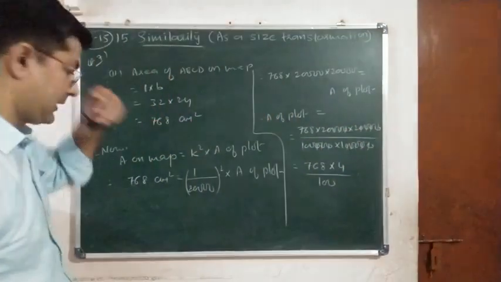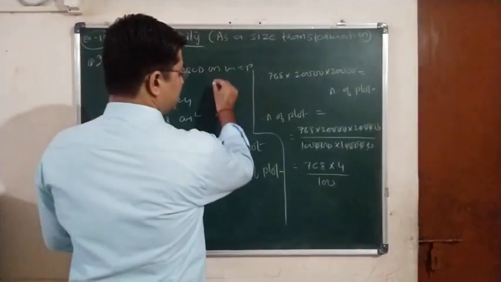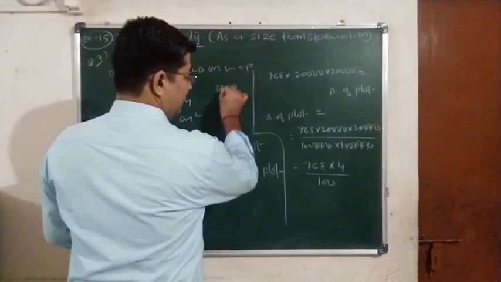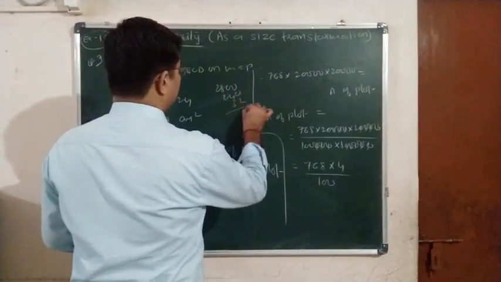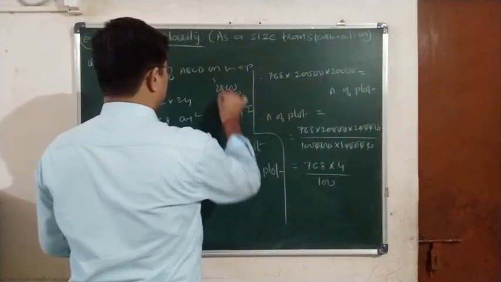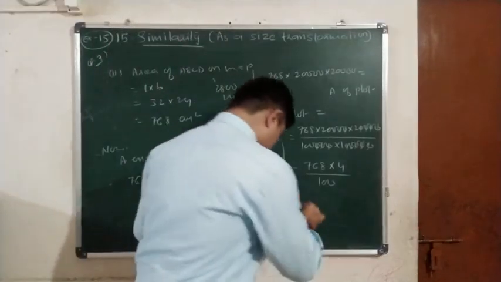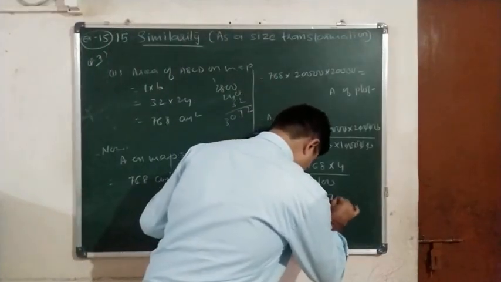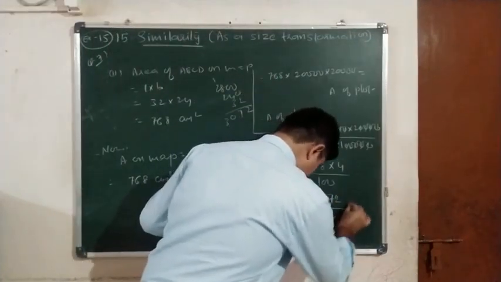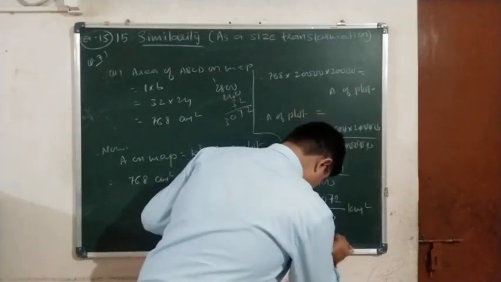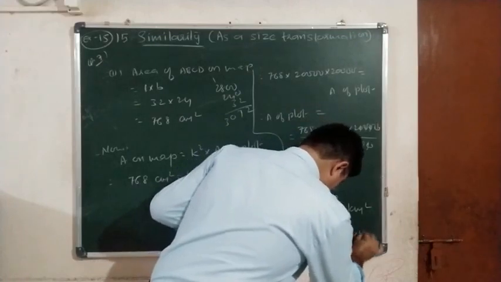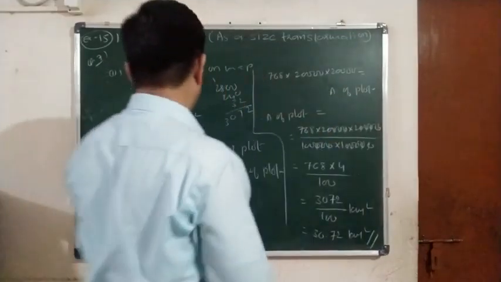So now let us multiply, then we will convert into decimal. 3072. 30.72 square kilometer is the final answer.